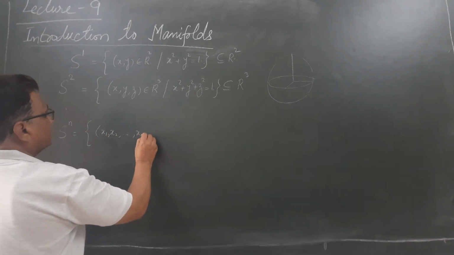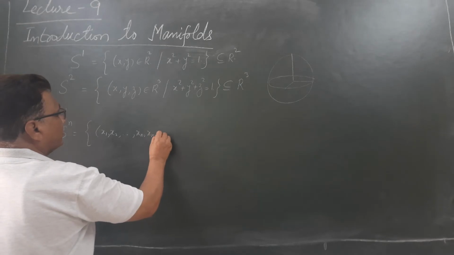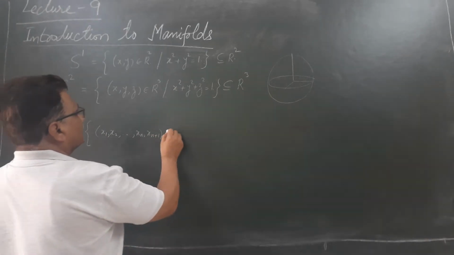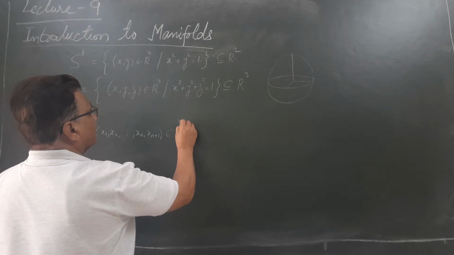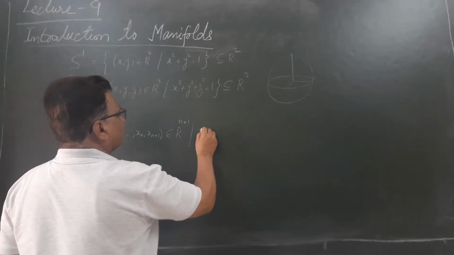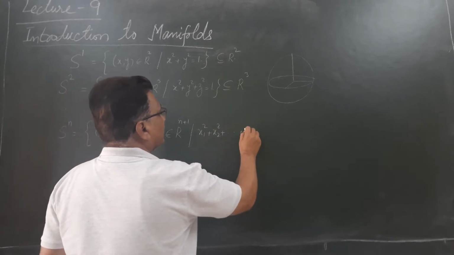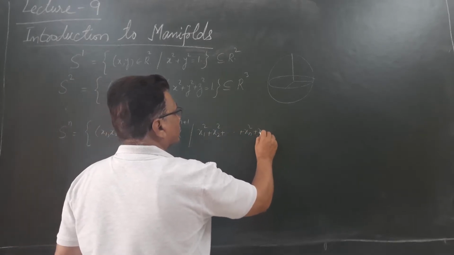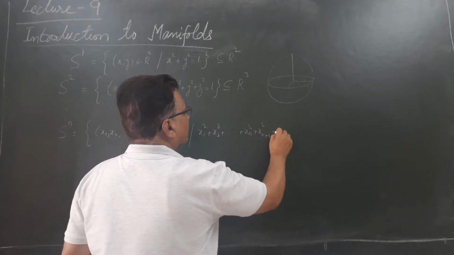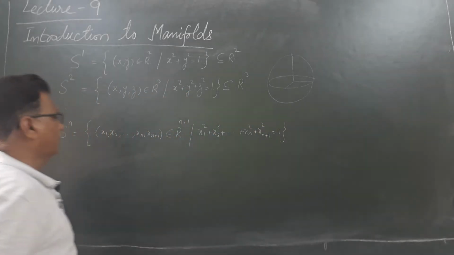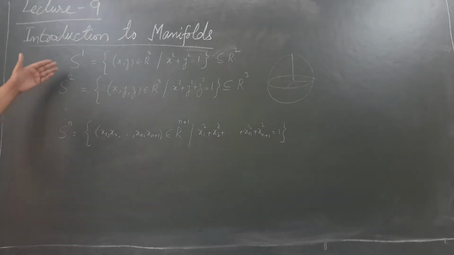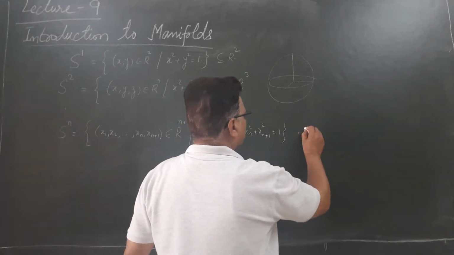So, points on the sphere will be n plus 1 tuples, that is this point of Rn plus 1 such that x1 square plus x2 square plus xn square plus xn plus 1 square equal to 1. So, these are spheres. This is the circle, this is S2, the 2-dimensional sphere, and this is called Sn, the n sphere.